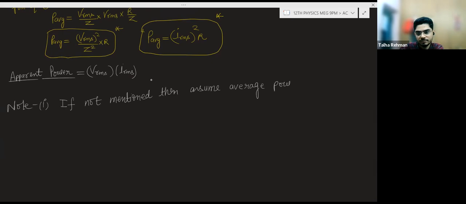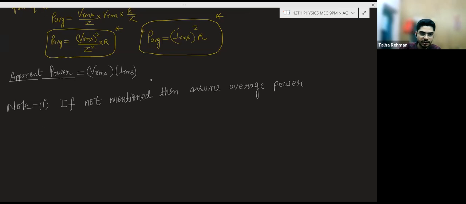What is the meaning of this? It means if in a question they are asking to calculate the power, there you will calculate the average power. Or if some power is given in the question and no information is given regarding that power, then you will consider that power as average power.